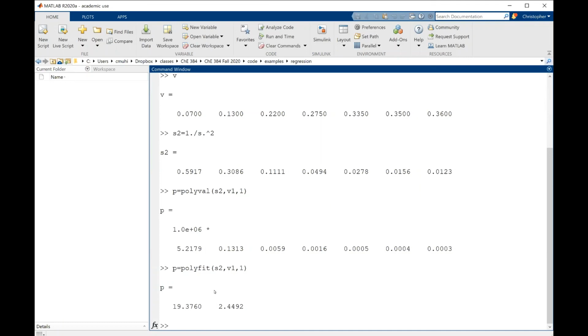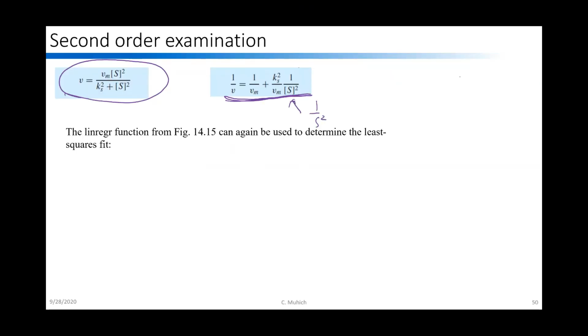Let's go back and convert these slope and intercept into the constants that we're actually looking for. So here we are back. Just as a reminder, we had those p-values of 19.3760 and 2.4492, where this was our slope and this was our intercept.